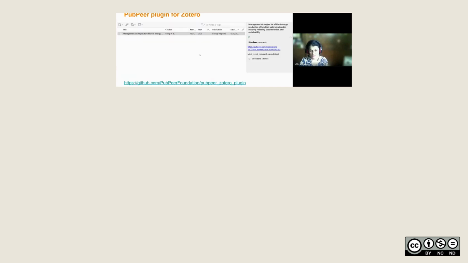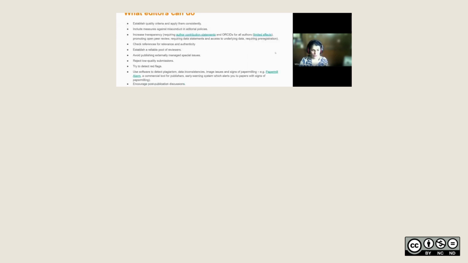So it's very easy. You know that you don't want to cite something because it's flawed, it's commented, and that doesn't have to be related to paper mills, it can be anything. And also there is a PubPeer plugin for Zotero, and if you install it, you will have those comments available in Zotero in your library locally on your computer.